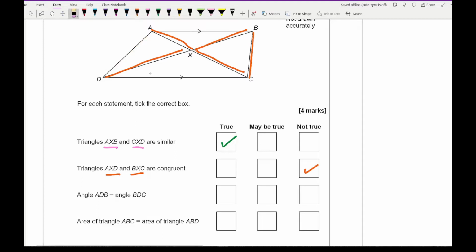It then says, for the next statement, angle ADB is equal to angle BDC. So ADB is this angle here, and BDC is this angle here. Are those two angles the same?